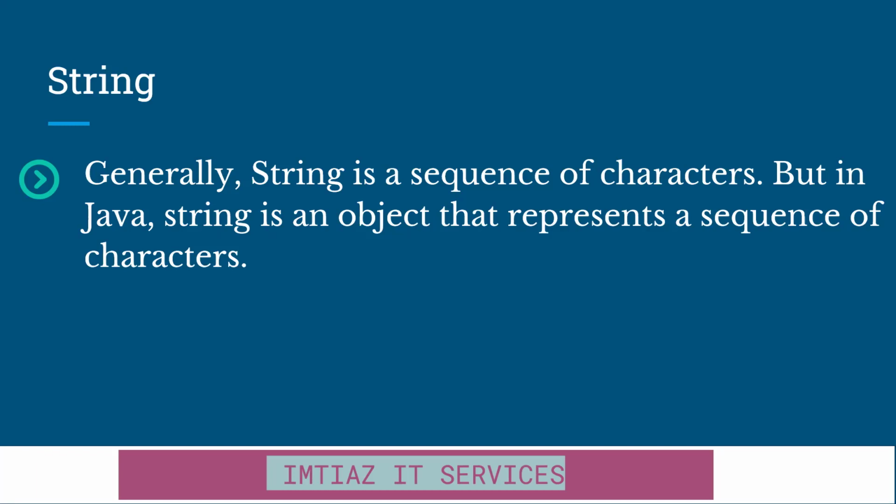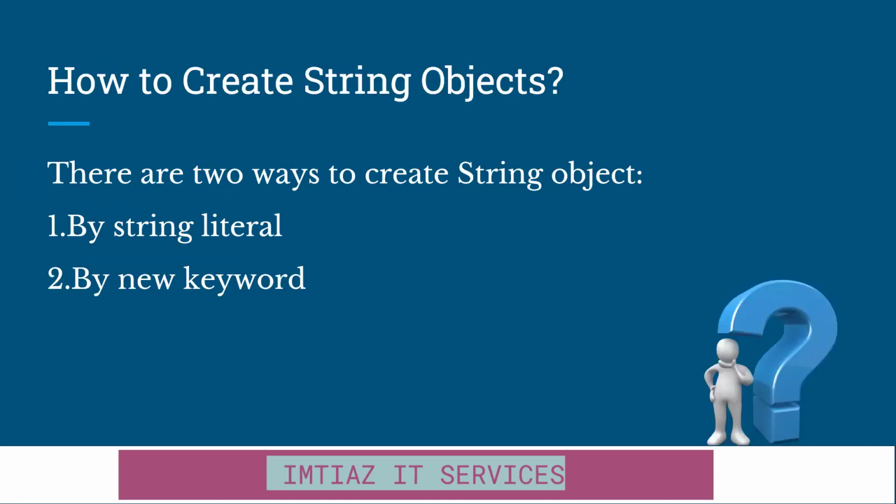We know that for a class we can create an object, but the question is, in how many ways can we create an object for the string class? There are two ways. The first is by using a string literal, and the second is by using the new keyword.